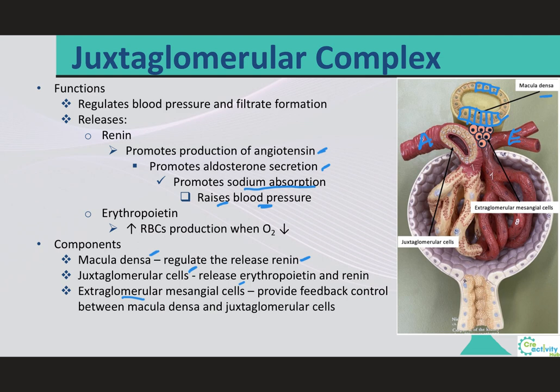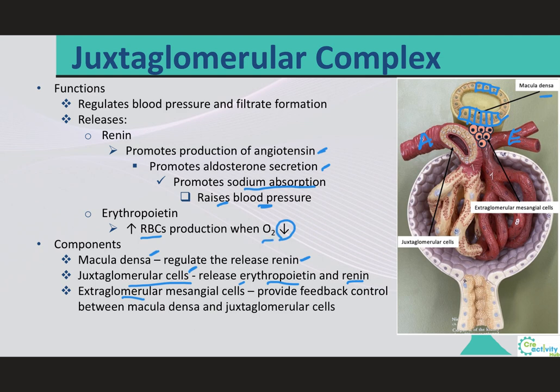The next component of this complex is the juxtaglomerular cells, which will release erythropoietin and renin. We already know what renin does. Erythropoietin is going to be important because it's a hormone secreted by the kidneys, and this increases the rate of production of red blood cells in response to falling levels of oxygen in tissues.